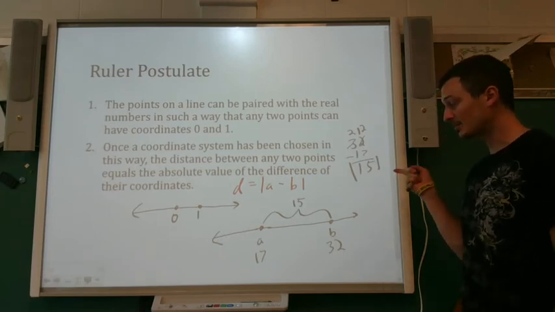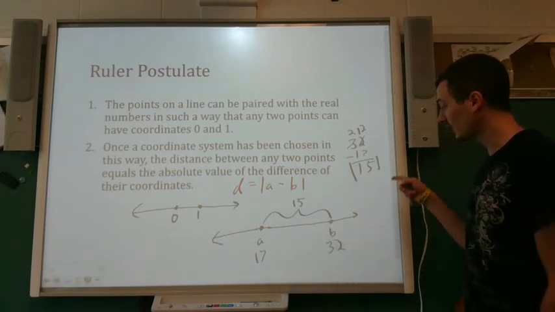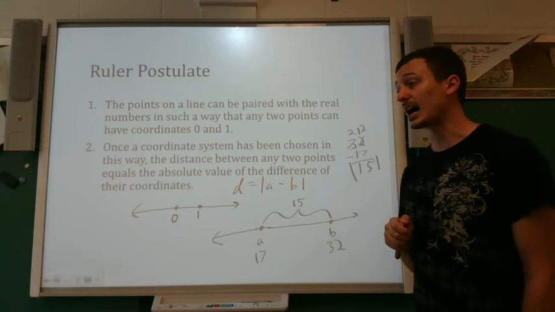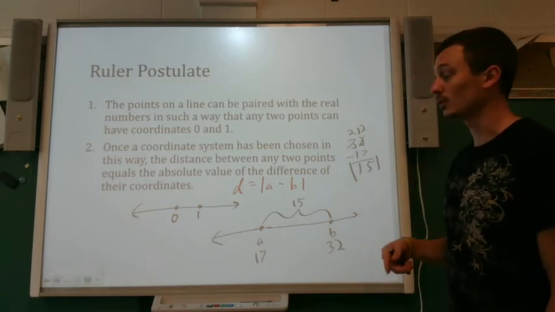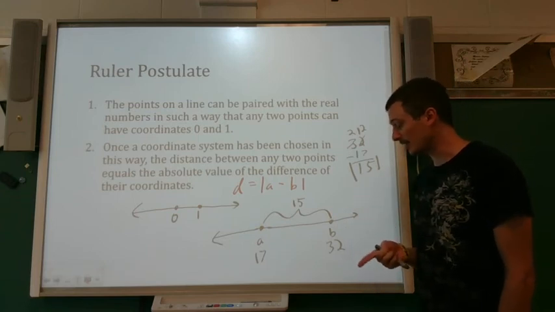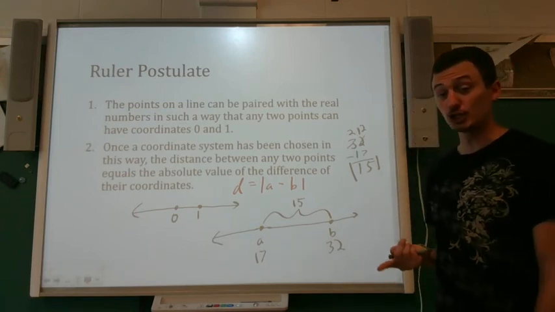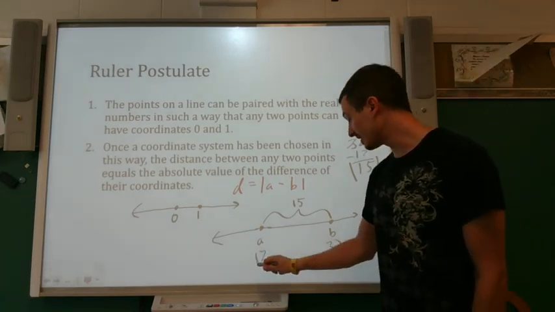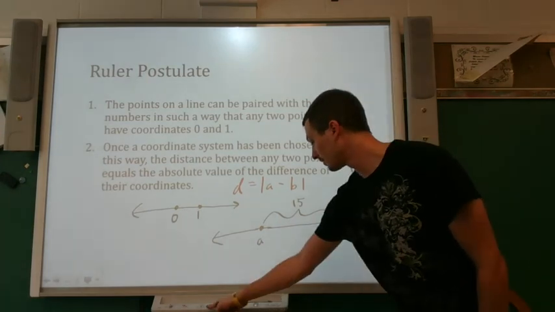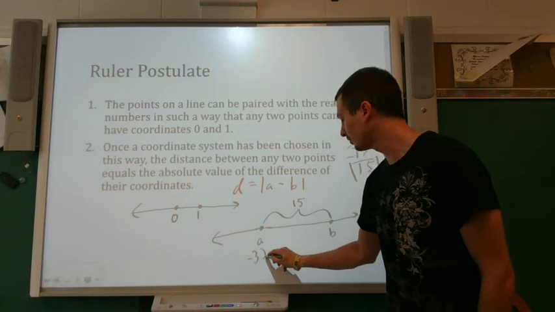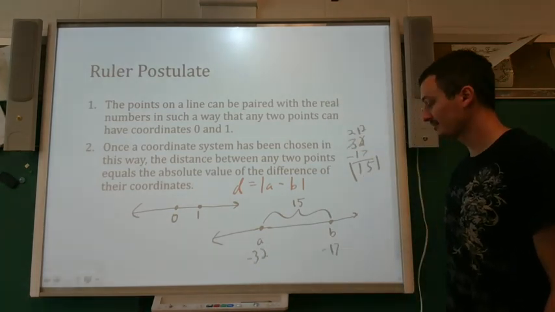So if I take the absolute value of the difference of their coordinates, I get the distance between the 2 points. So the question is, why do I have to take the absolute value? Well, what I could do, maybe this is negative 32 and negative 17.